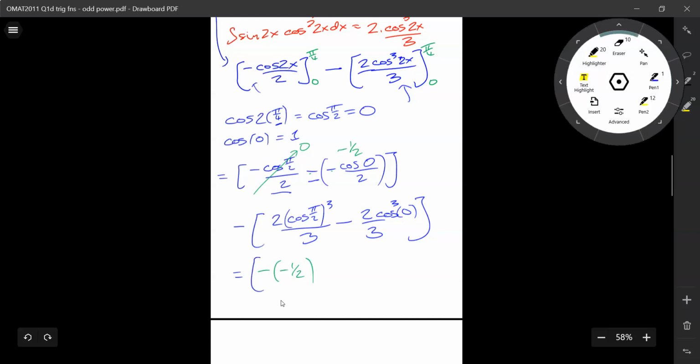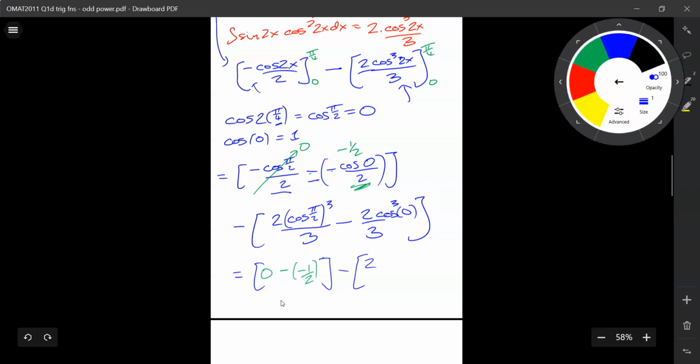Okay, we'll just do it like this. The first one is 0 minus times minus a half. So this one here is the minus a half. Close the brackets. You have to be very careful doing these definite integrals.